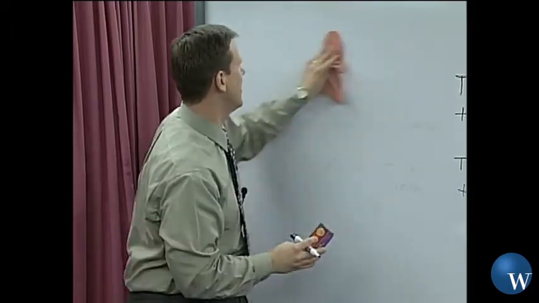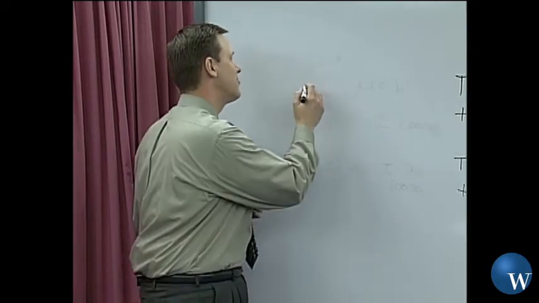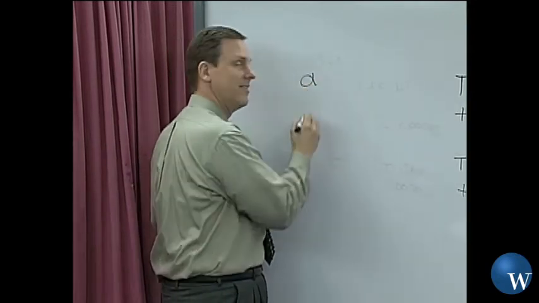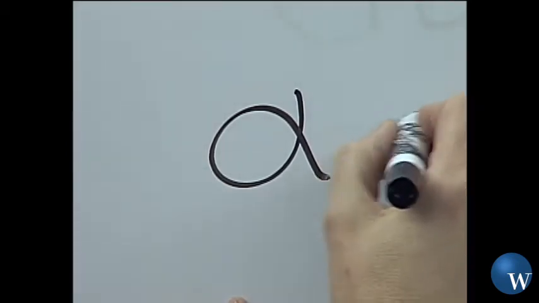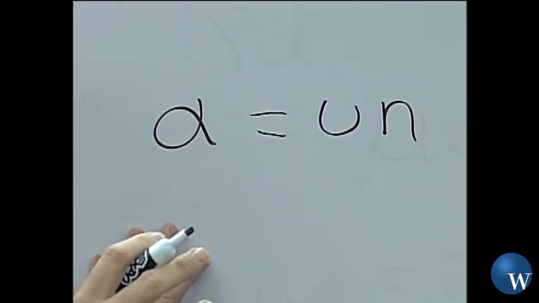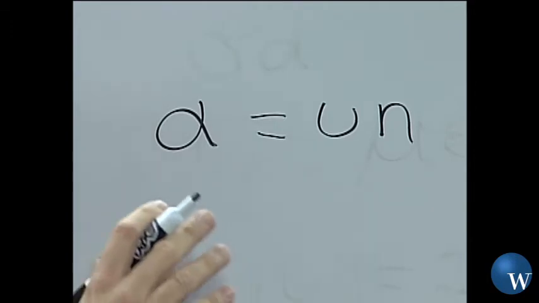I want you to notice that another example of a morpheme is the letter alpha. Now alpha carries with it the meaning of un. Just like in English, when we prefix the two letters un before something, we're basically negating it. It's a negation. Let me give you an example in Greek.